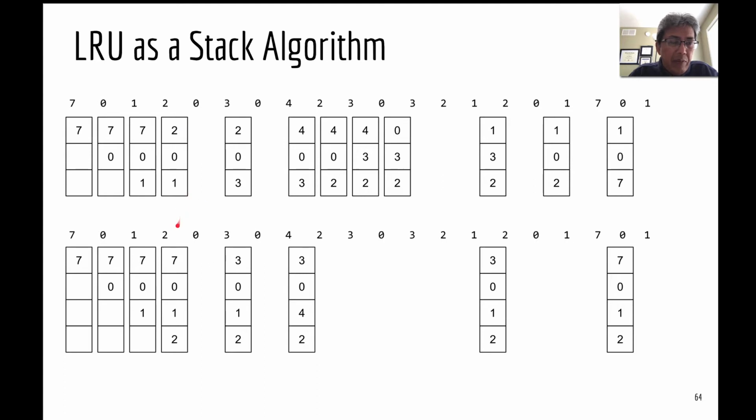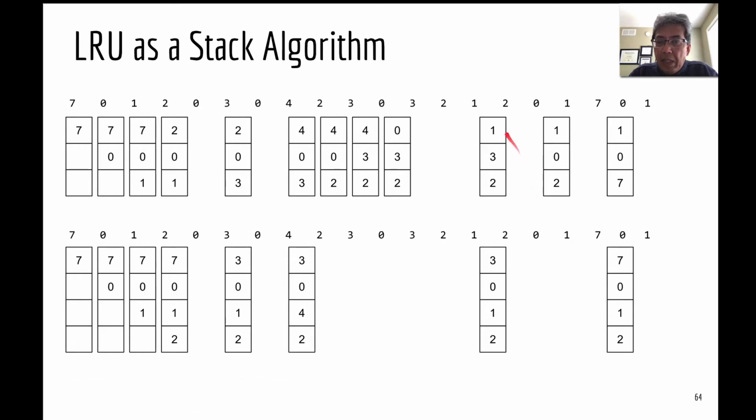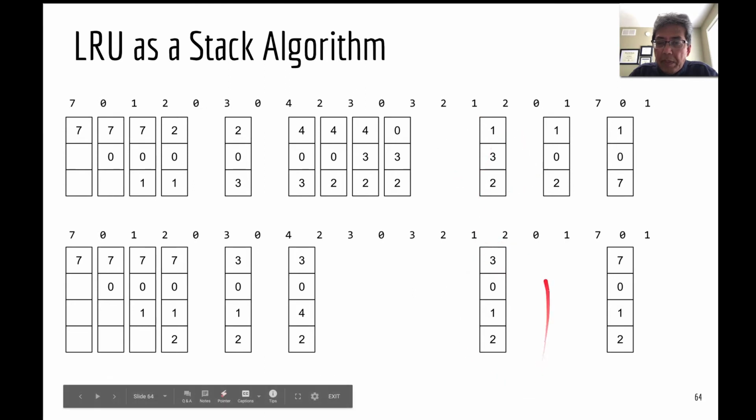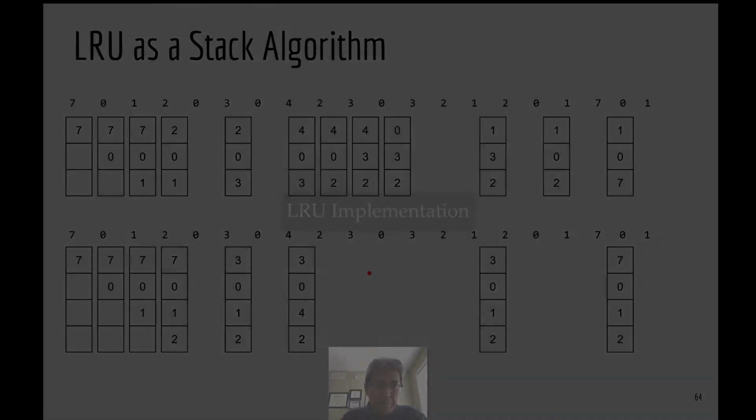And when we allocate 4 frames, the resident pages are 7, 0, 1, 2. We can see that 2, 0, 1 is a subset of 7, 0, 1, 2. If you look at the rest of the resident pages, you will see the same property. So this is just to show you that LRU is really a stack algorithm.